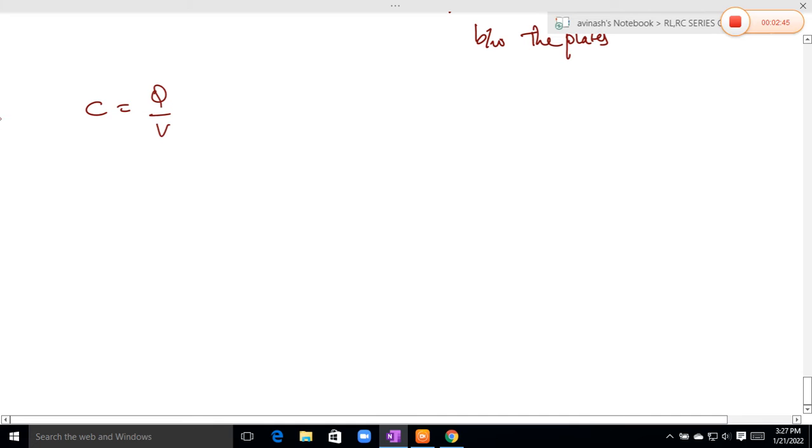Okay. What do we mean by C? C is nothing but the capacitance of a capacitor. And what do we mean by Q? Q is nothing but the amount of charge transferred from one plate to the other.